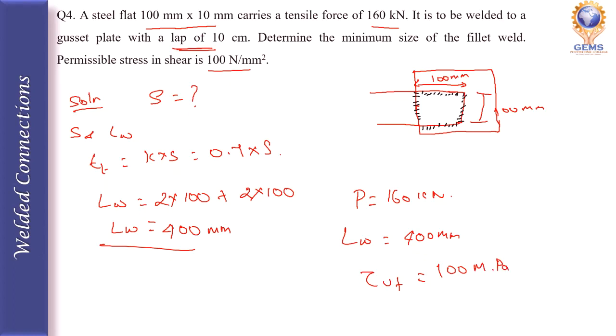So from this we can find the minimum size of the fillet weld, by equating the load to the strength of the fillet weld. The load is 160 into 10 to the power 3 Newton, equals LW into TT into tau VF.